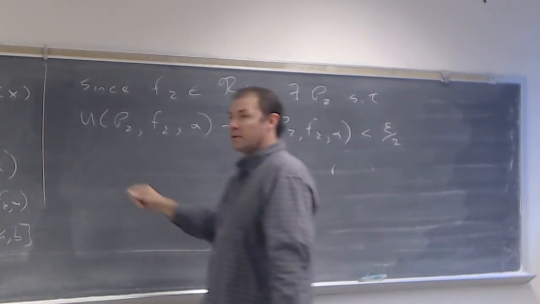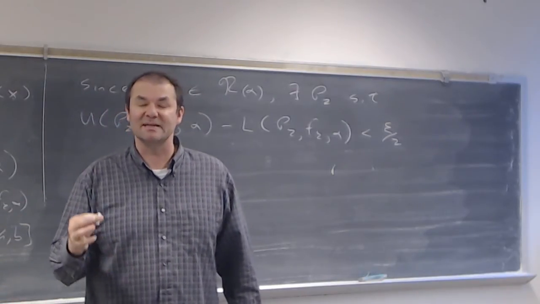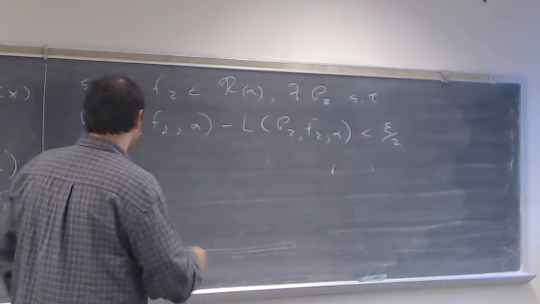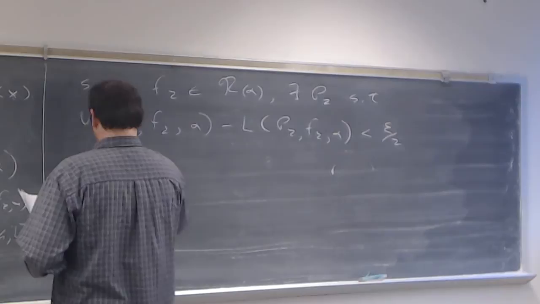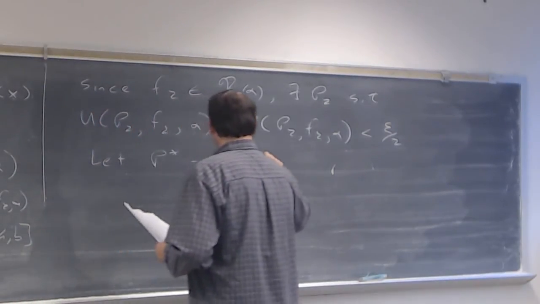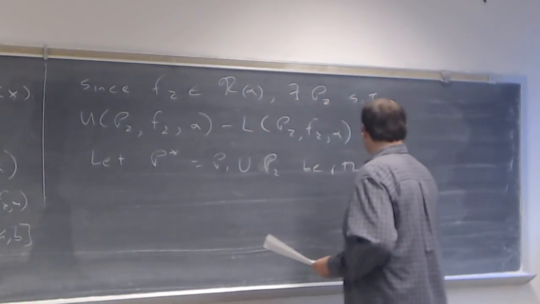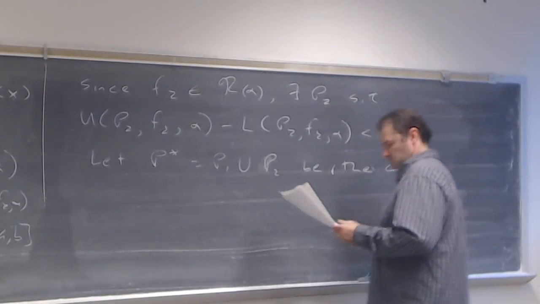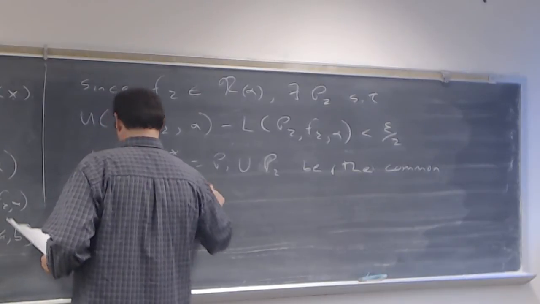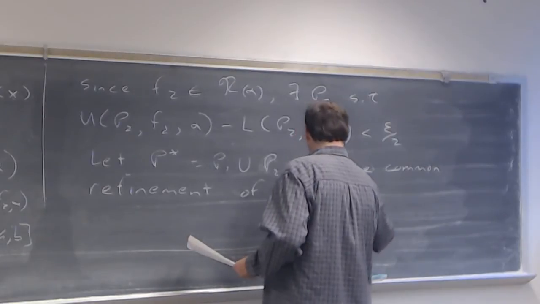All right. Now, we have two partitions here, P_1 and P_2. So to get the same partition involved, we're going to use the refinement, the common refinement. So we'll let P* equal to P_1 union P_2 be the common refinement of P_1 and P_2.